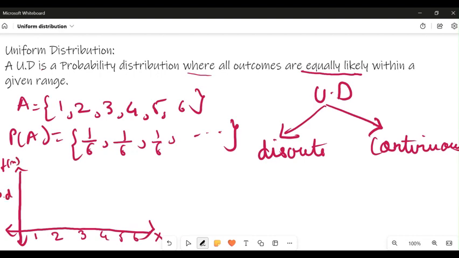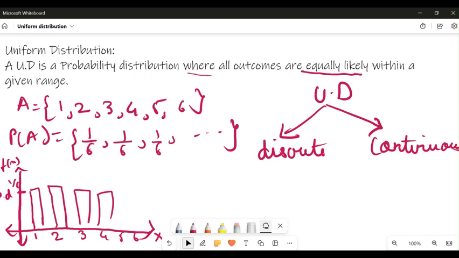Here there is only one value, that is 1 by 6. For 1 also 1 by 6, for 2 also 1 by 6, 3 also 1 by 6, 4 also 1 by 6. This is how the uniform distribution looks. This is for the uniform discrete distribution.